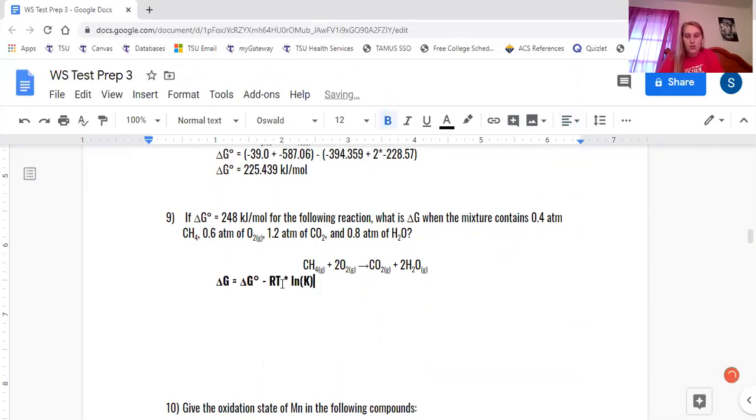So here's our equation. And so we're going to figure out what we can fill in here. So we have delta G. We don't know what that is yet. That's what we're solving for. And they gave us delta G naught, so 248 kilojoules per mole.